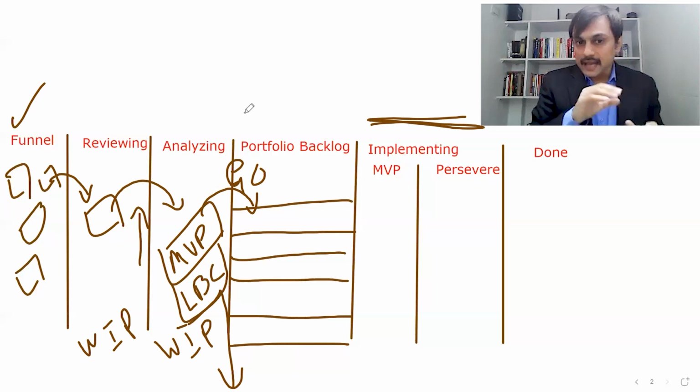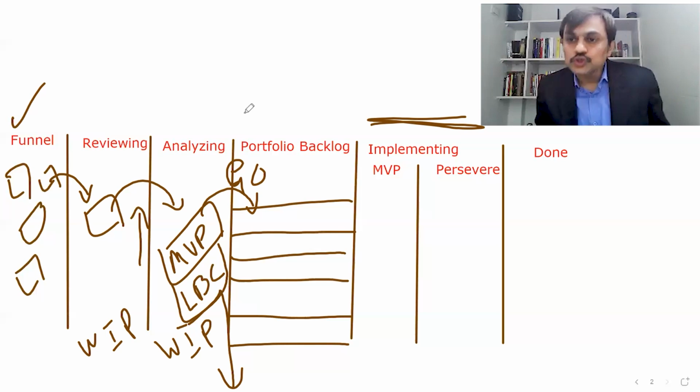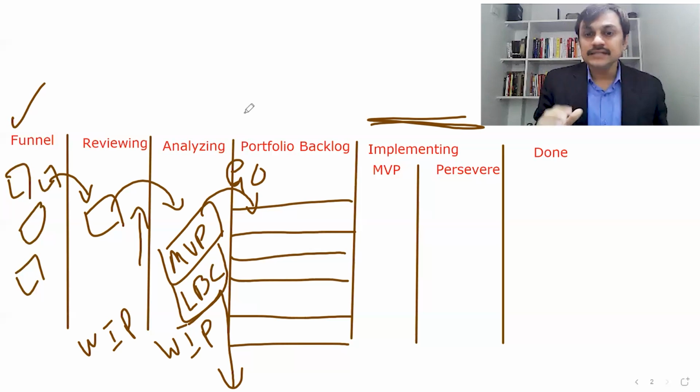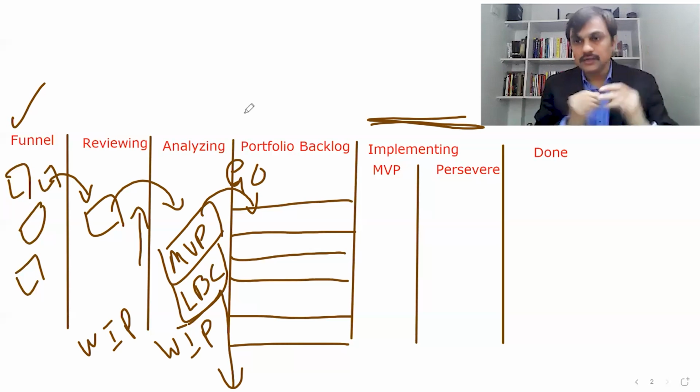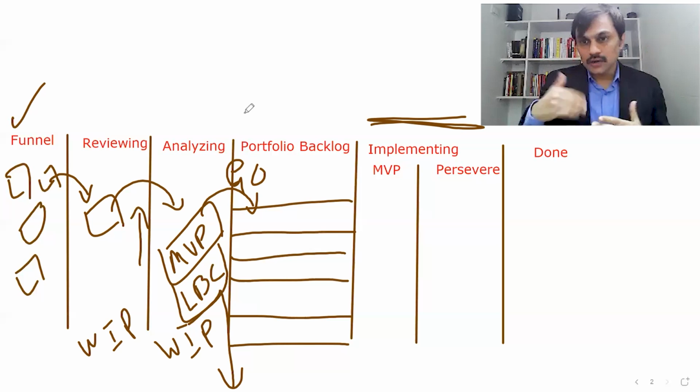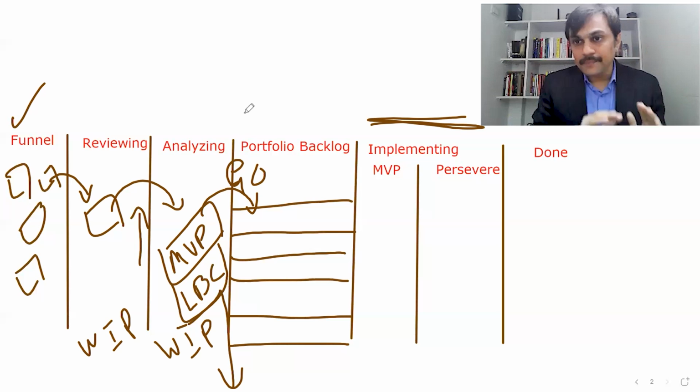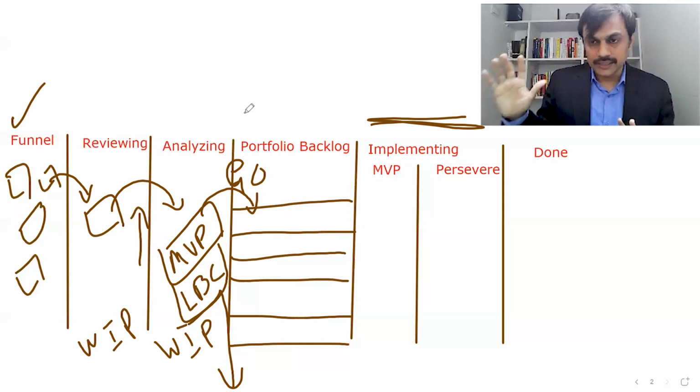Based on that, the particular epic gets moved to a given agile release train. There is a possibility that one epic may get split into two, or three agile release trains might be working on that particular epic in parallel. So an epic may get implemented with the help of multiple agile release trains.